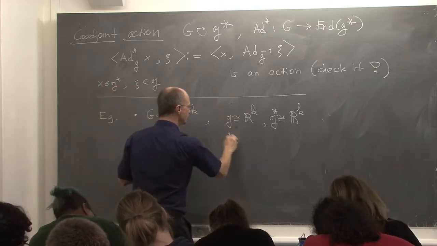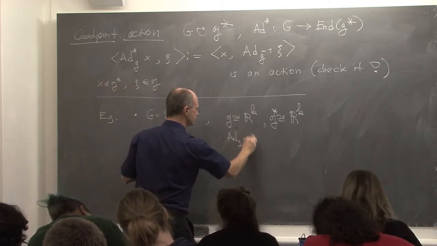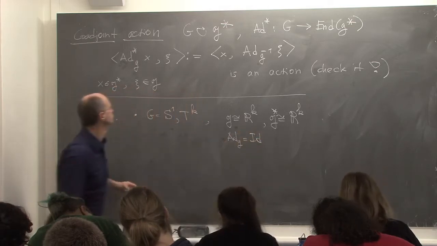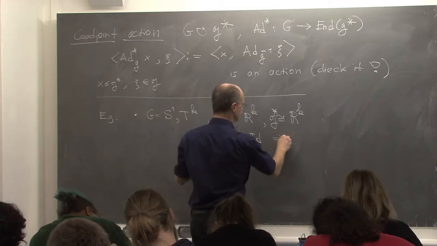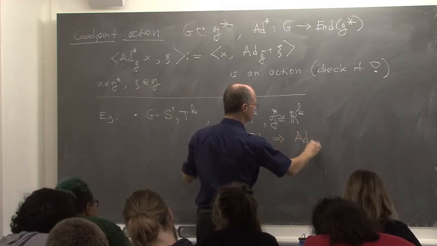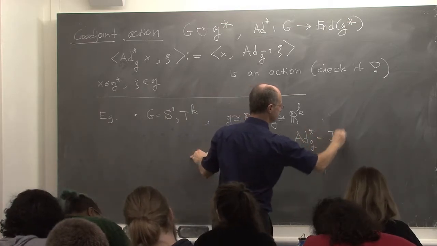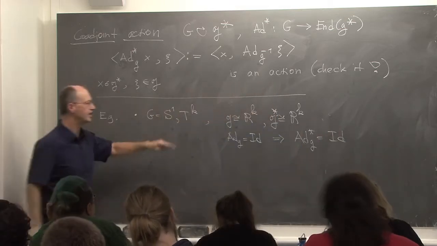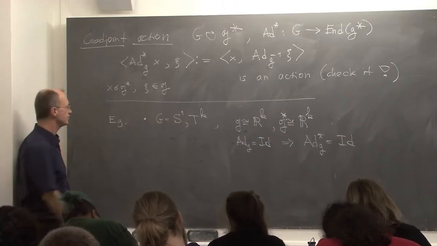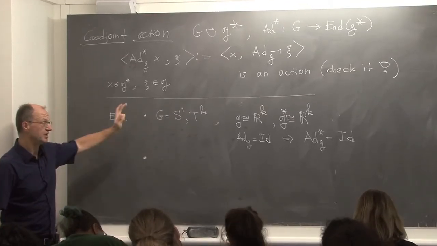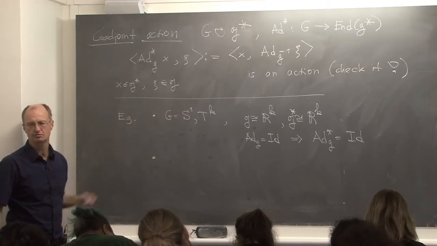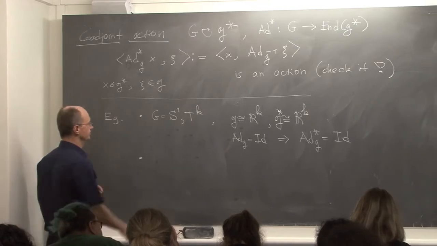The adjoint action was trivial. Well, obviously the coadjoint action is going to be trivial as well. And that's a very good news for us. So in many, many cases, this coadjoint action does play an important role in the theory of moment maps, but in many, many cases it's just trivial, which is certainly very good news.